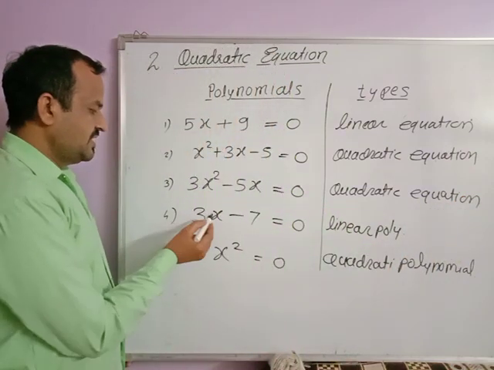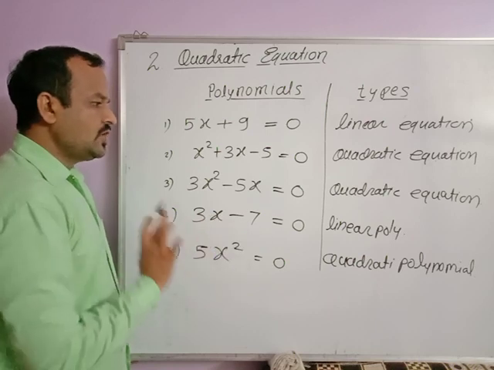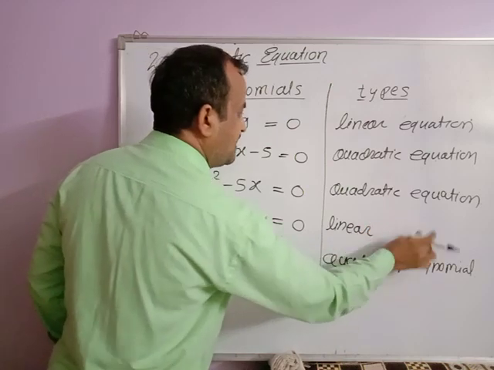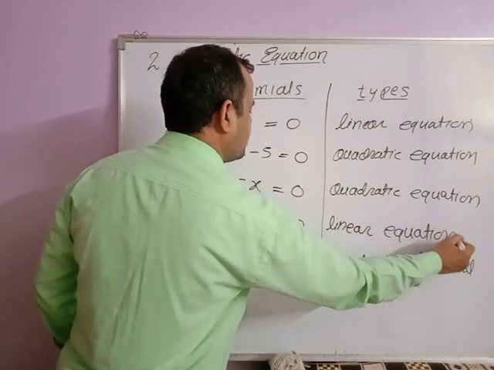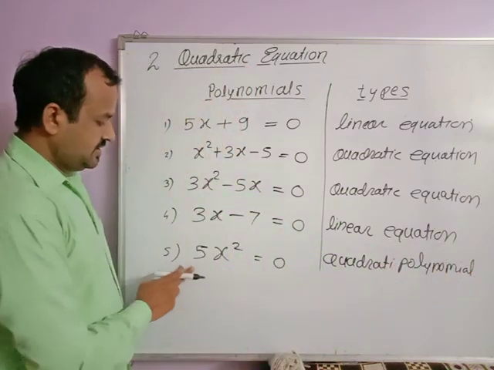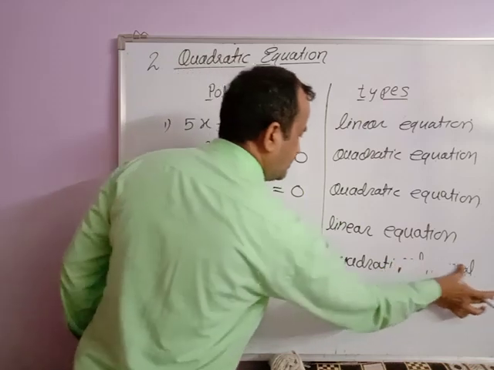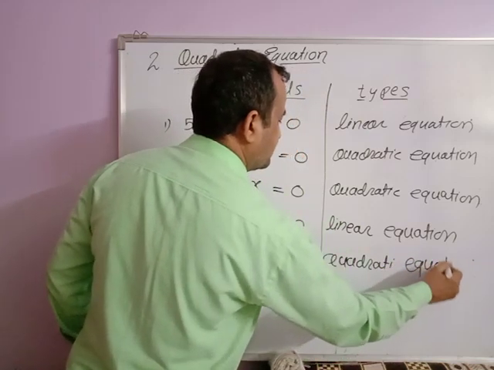Fourth, there is degree 1, and hence it is not a quadratic equation, it is a linear equation. And here the degree is 2, and hence it is also called a quadratic equation.